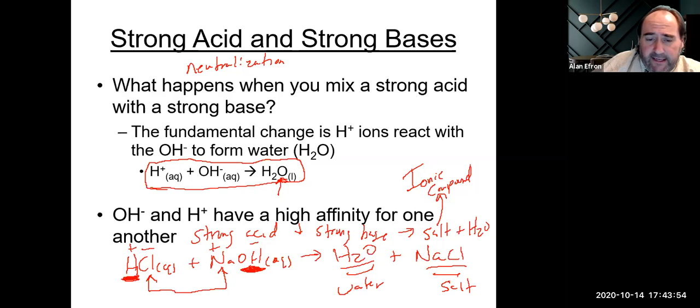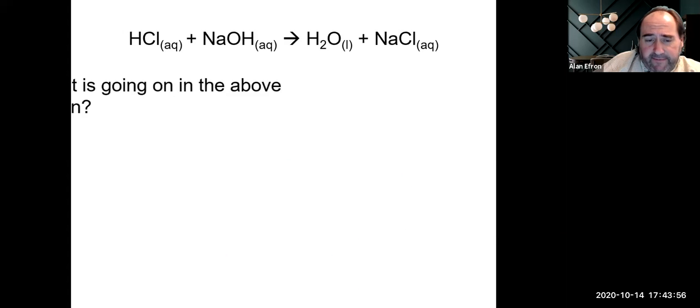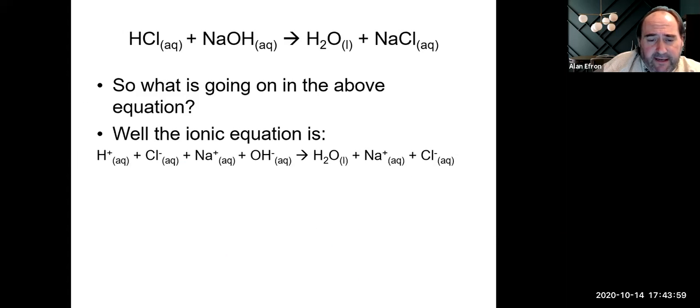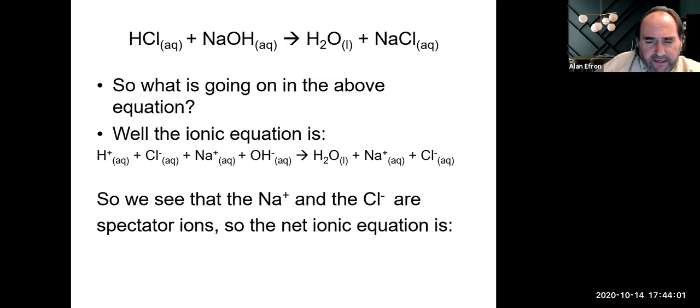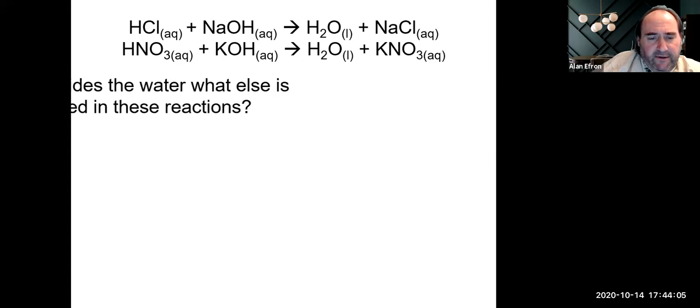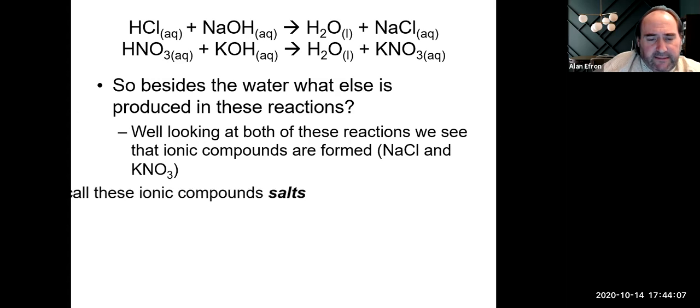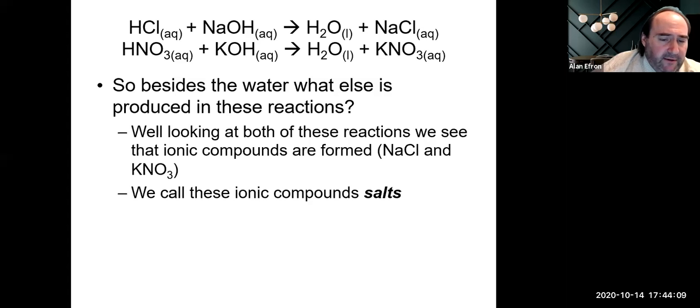Now we can look at perhaps another type of acid. Here's that example that I wrote up there. We don't have to worry about spectator ions or any of those things on here. Here's another couple of examples of some strong acids and strong bases reacting together. This is nitric acid reacting with potassium hydroxide. This is positive, negative, positive, negative.